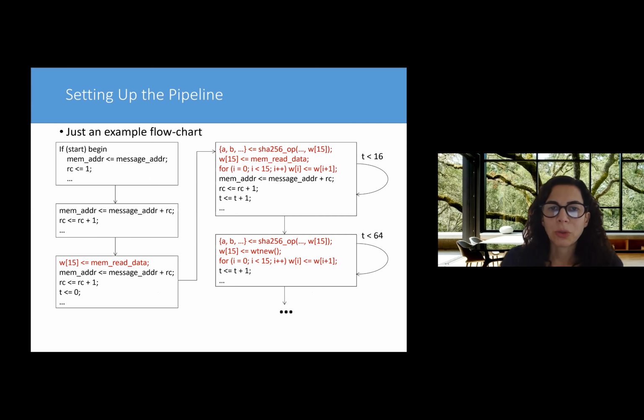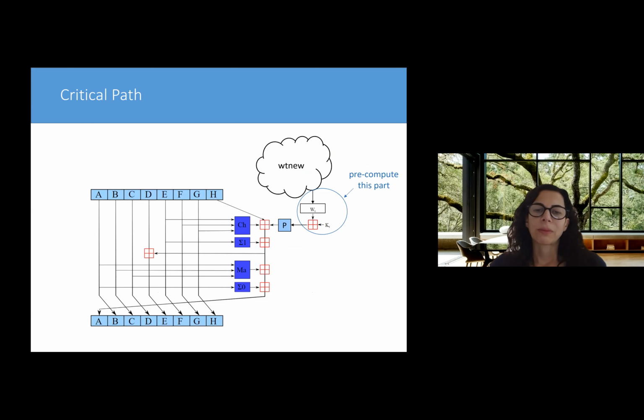So let me just go back here and think about all the computation that has to be done. Here, what we see is that the content of register E, register F, and register H is going to define the CH.